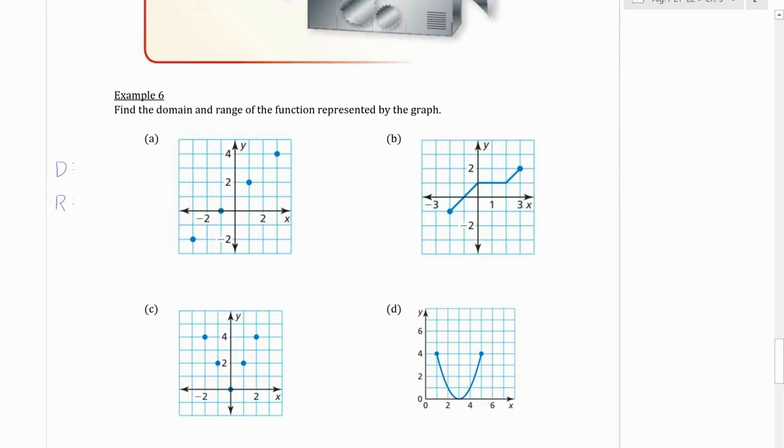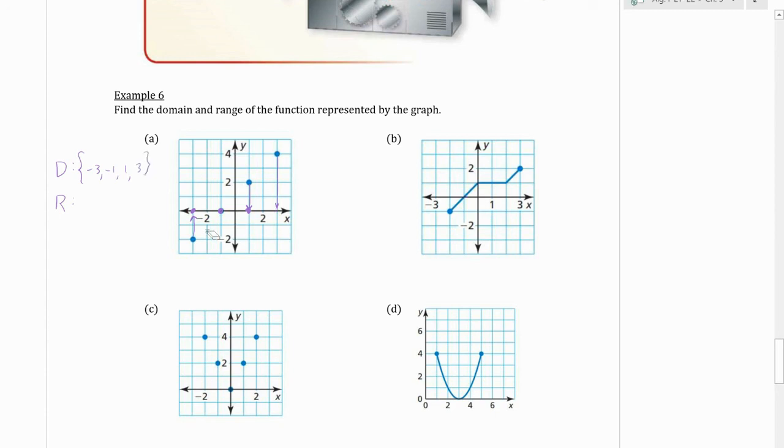Domains are x's. You squish the points to the x-axis. Like this point, look at its x. Look at its x. That's already on its x. So I'm looking here, here, here, and here. So the domain of this function is -3, -1, 1, and 3. Those are the x's that I'm talking about.